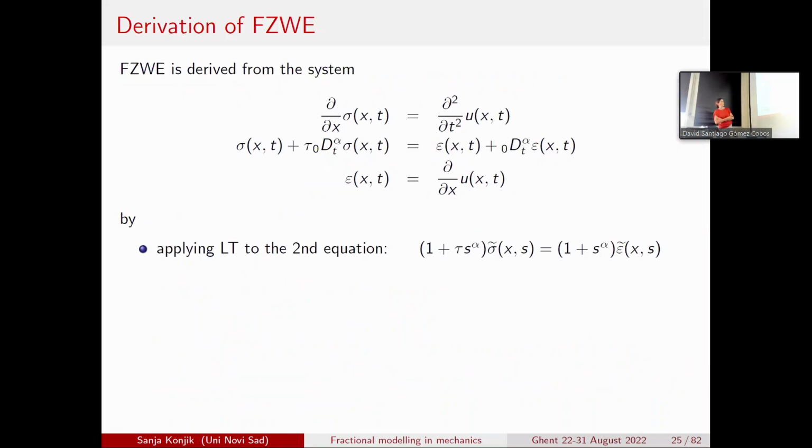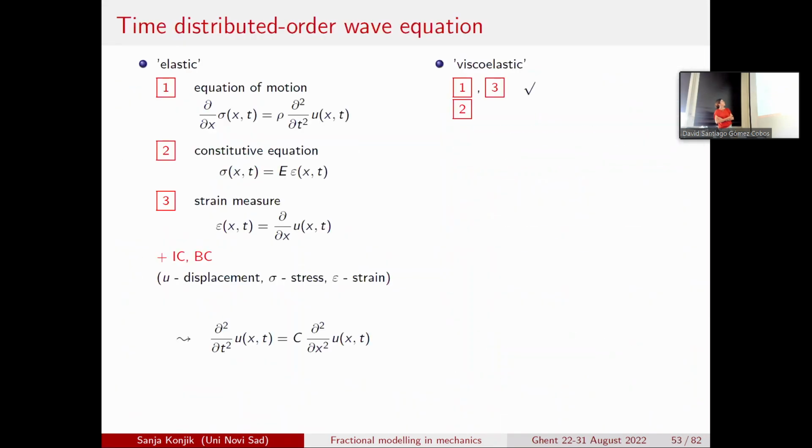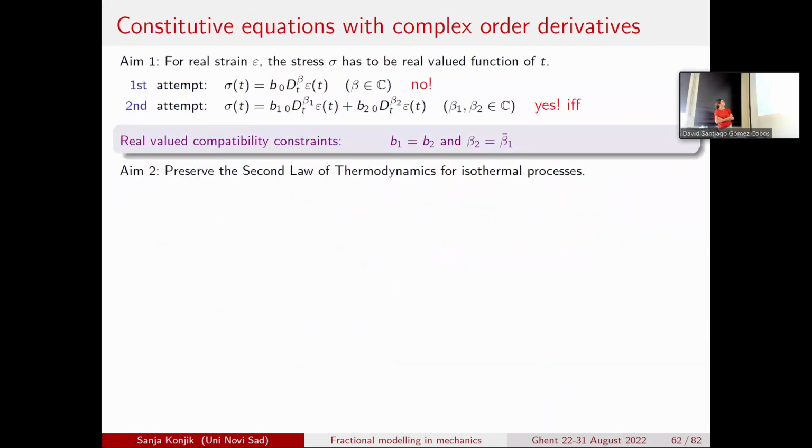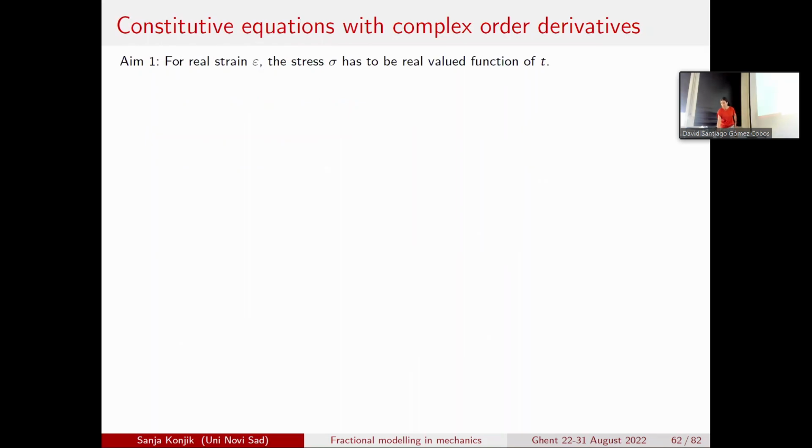So let me go. Okay. As I said, now we want to check whether we can use fractional derivatives of complex order. And as before, the thing which we have to take care about from the very beginning are those thermodynamical restrictions.